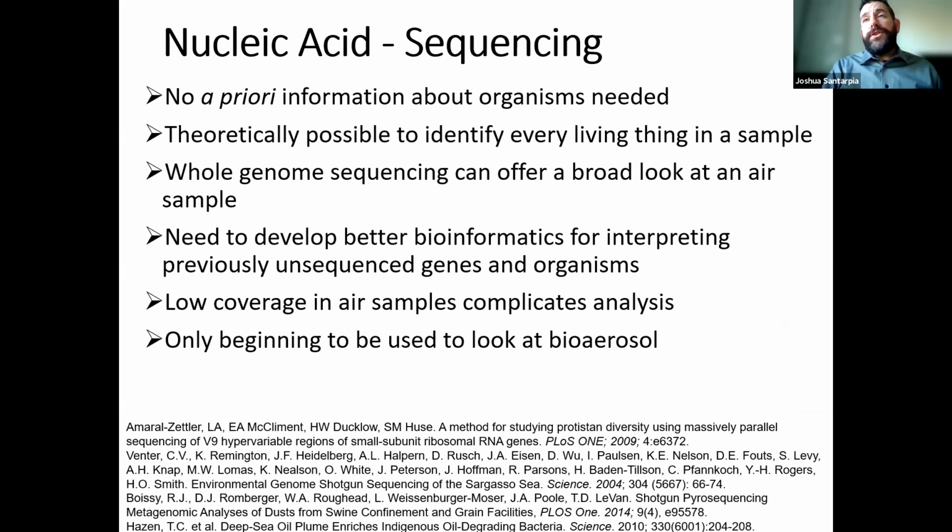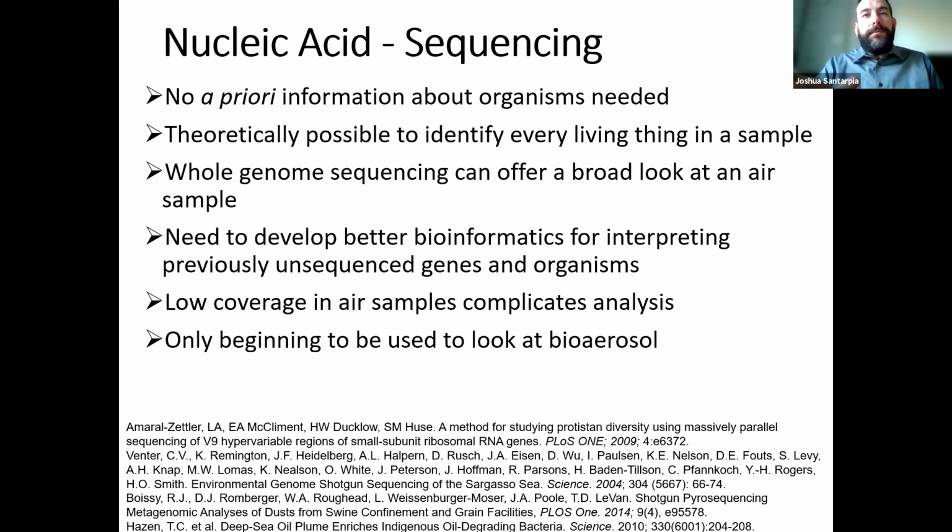You can go shotgun sequencing, which is sort of a step back. So I just want to see everything that's in my sample. You don't need any a priori information. And it's theoretically possible to identify every living thing in a sample by doing this, right? You just sequence everything, see what it is. Fantastic. What you'll find is that you don't know what most of it is. Most of it is just unintelligible sequence information that doesn't map to anything, and only some small fraction of it has ever been identified before.